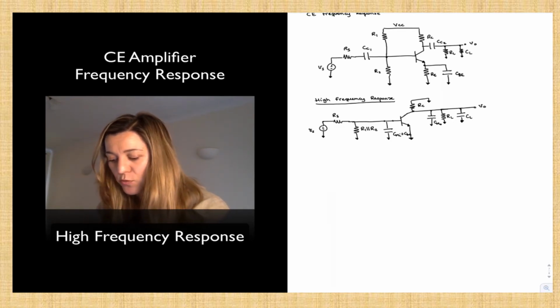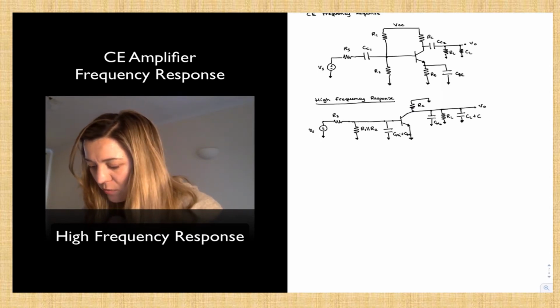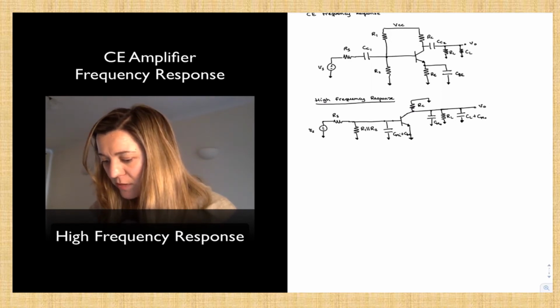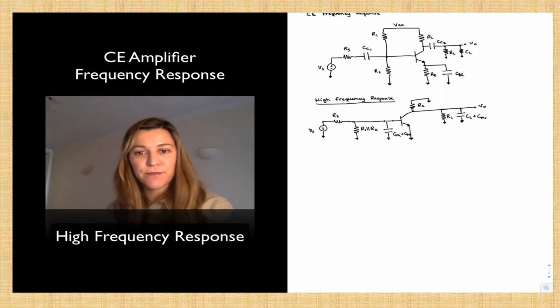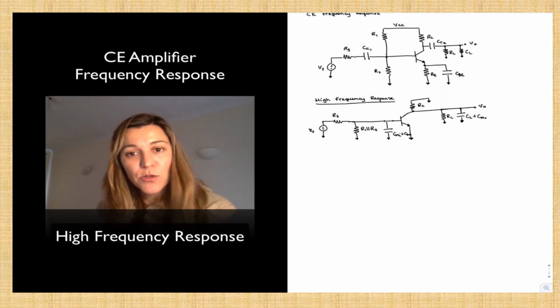And the same happens with CMO and CL. I can just combine them, and the parallel combination of 2 capacitors, the equivalent capacitance is equal to the sum of those capacitances. So in all reality, you can see I have just 2 capacitors.